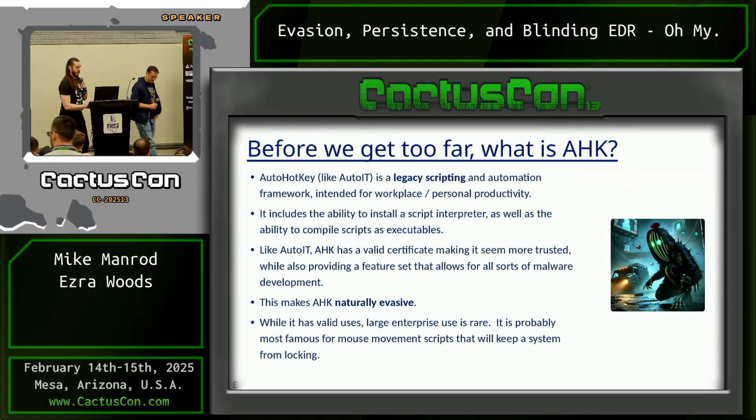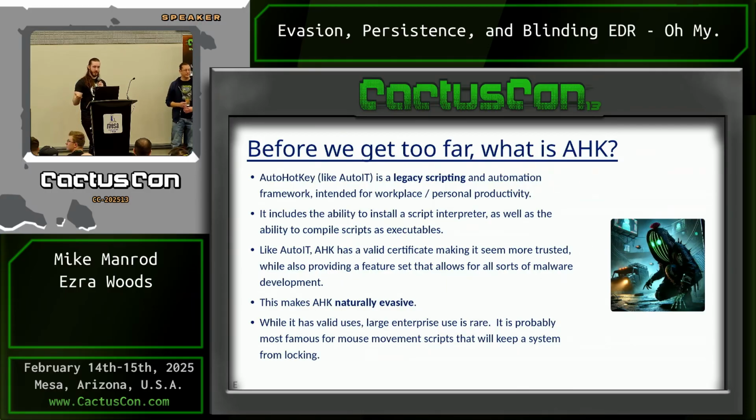So for anyone who isn't aware, I just want to go over what AutoHotkey actually is. Similar to AutoIT, it's a legacy scripting and automation framework built for Windows. It's mainly used for personal productivity, like making hotkeys for inserting the date and time into spreadsheets. It includes a script interpreter, an executable that can run the scripts you make, as well as the ability to compile scripts into a standalone executable.